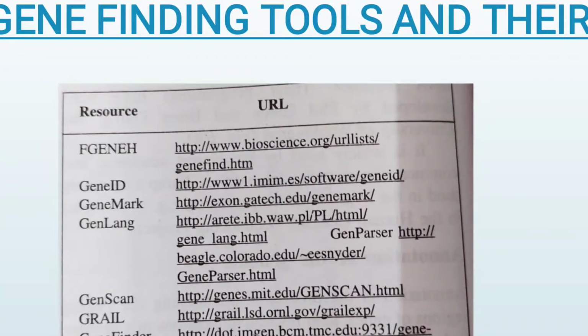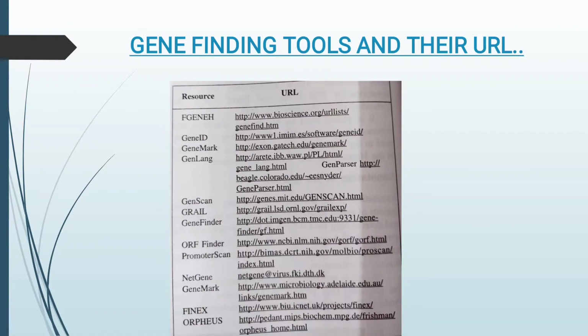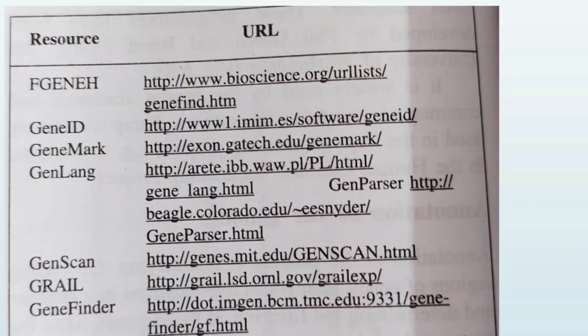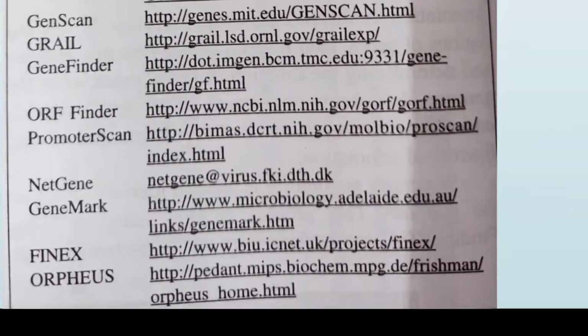I have given the URLs of all these gene finding tools, so you can use these. Just go to Google, type in this URL, take any sequence and try to find the genes present in that sequence with the help of these sources.